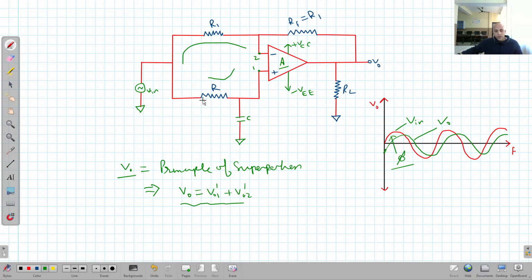Right. So first of all, I am going to take the output due to this input. So for it, let's take here that we have grounded this. Clear? So when you ground this, now we are left with only this circuit. So that is V output 2 dash.